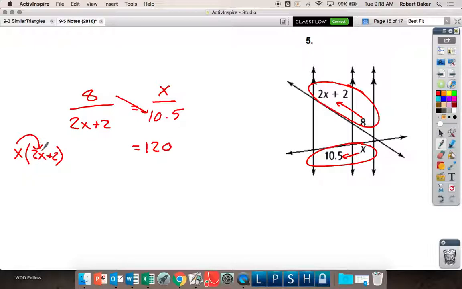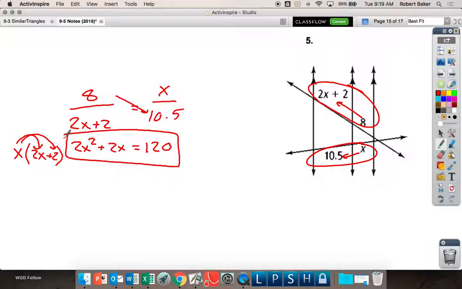X times 2x is 2x squared. X times 2 is positive 2x.